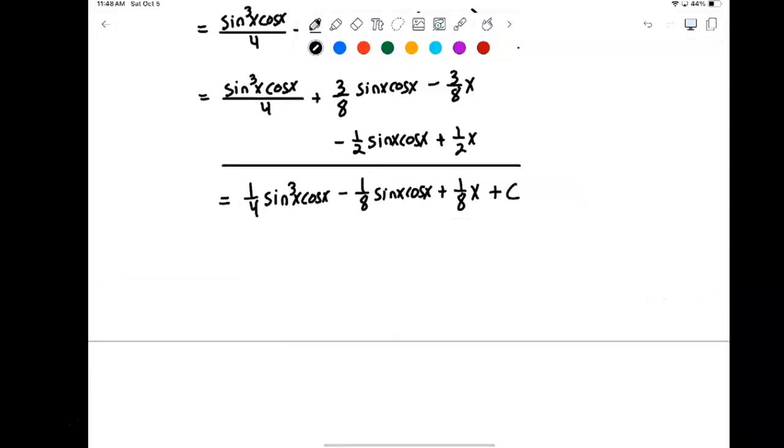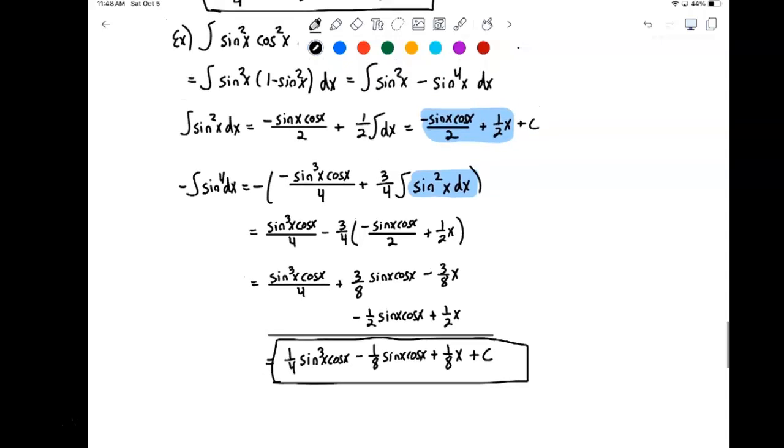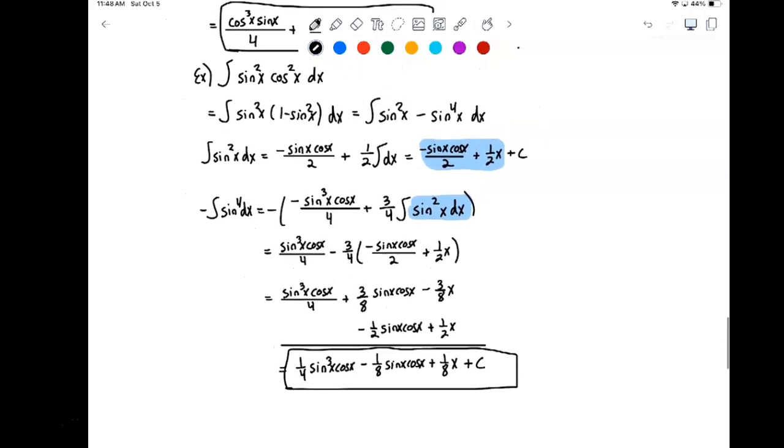Okay, so now we have our integral, our result. Again, this would have been far easier, even though it's still a fair bit of work because we had to do reduction formulas a couple times. Still way better than trying to do this directly.